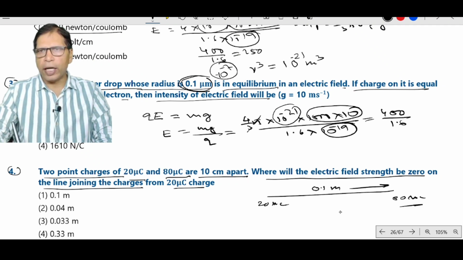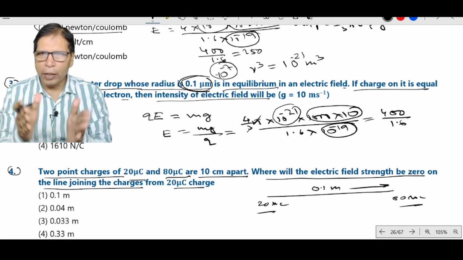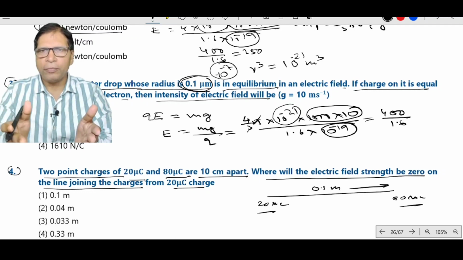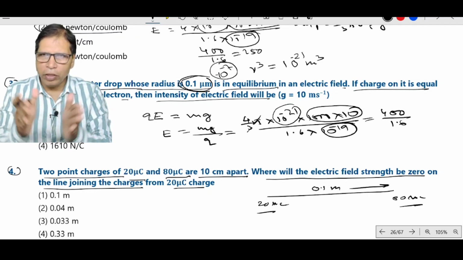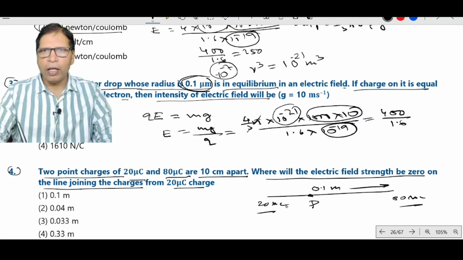As these two charges are like charges, electric field will be 0 at a point between the two charges. So look at this, suppose this is the point where electric field is 0, and distance of this point from this charge is x.